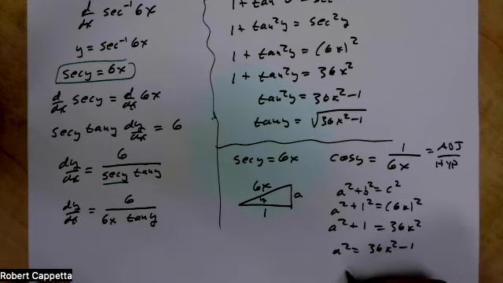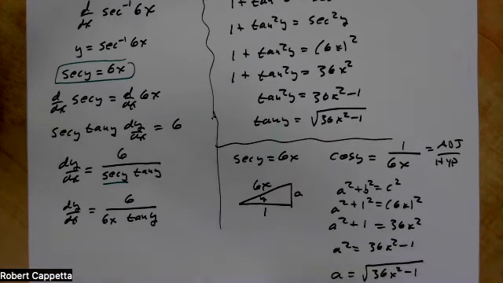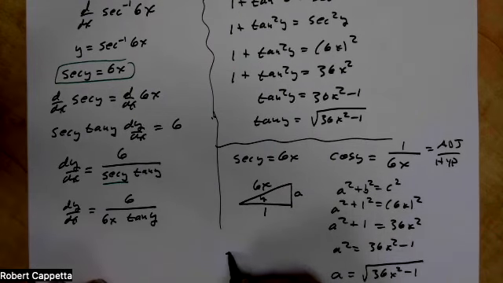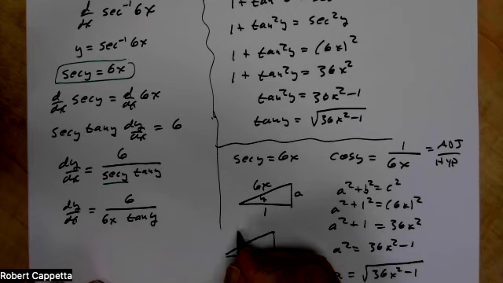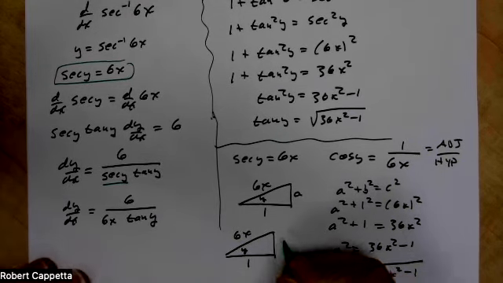So a is the square root of 36x squared minus 1. So what does our triangle look like? 6x here, 1 here, there's y. And we just said a was root 36x squared minus 1.